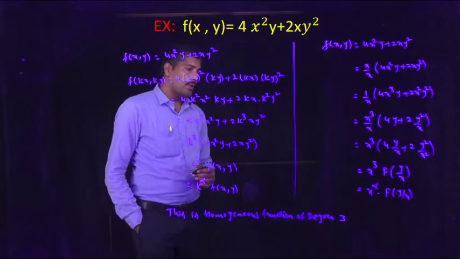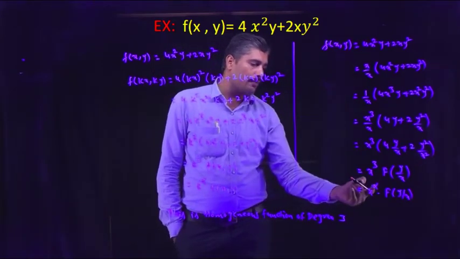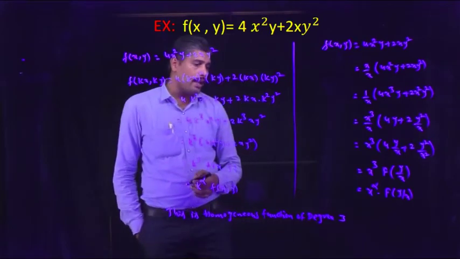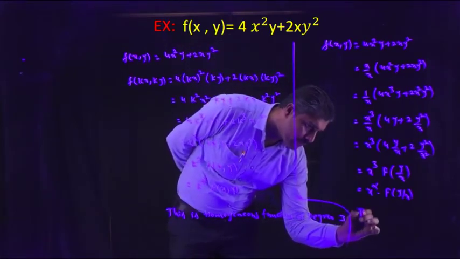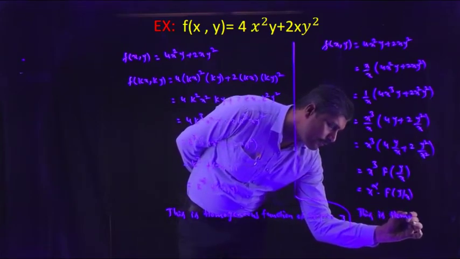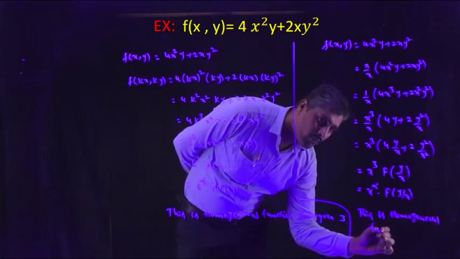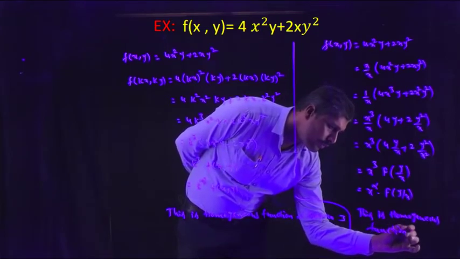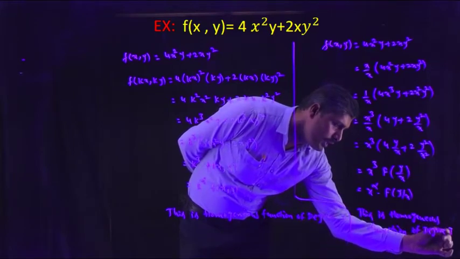Here also f of x comma y equals x power alpha into f of y by x. This is also a homogeneous function of degree 3.